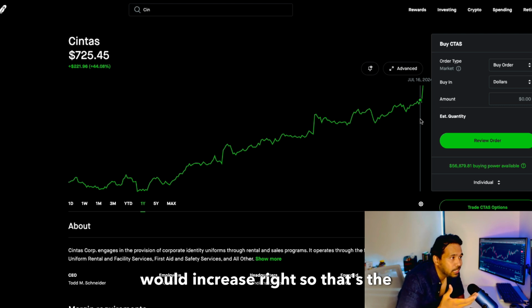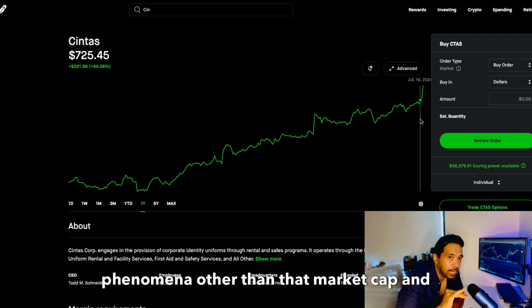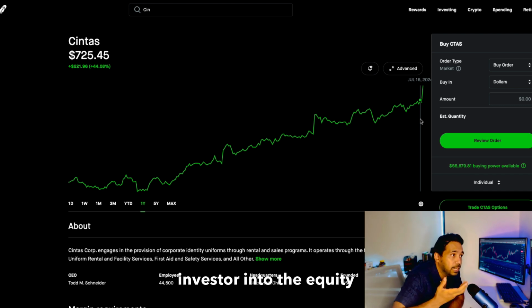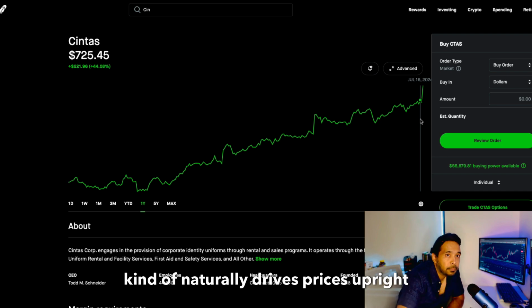That's the phenomenon. Other than that, market cap and everything remains the same, but as we attract more investors into the equity, it naturally drives the price up, right?